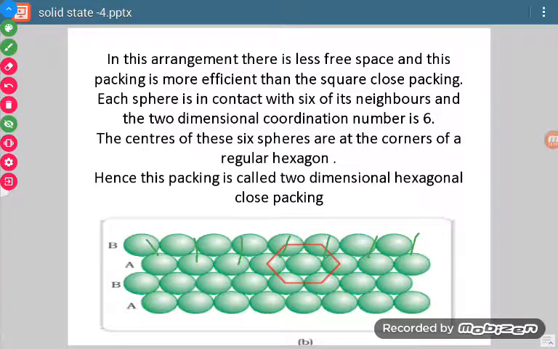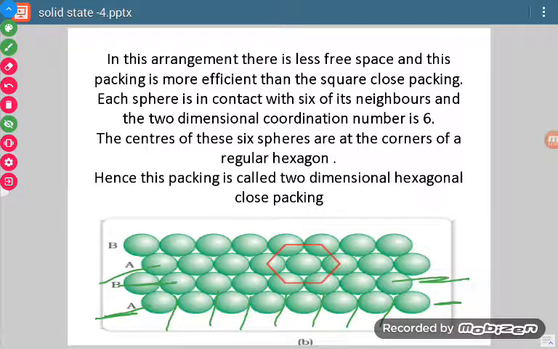Now what we have done, we have placed this row over the depressions in this row. These are the depressions. Over these depressions we have placed the next row. The next row is also placed over the depressions.